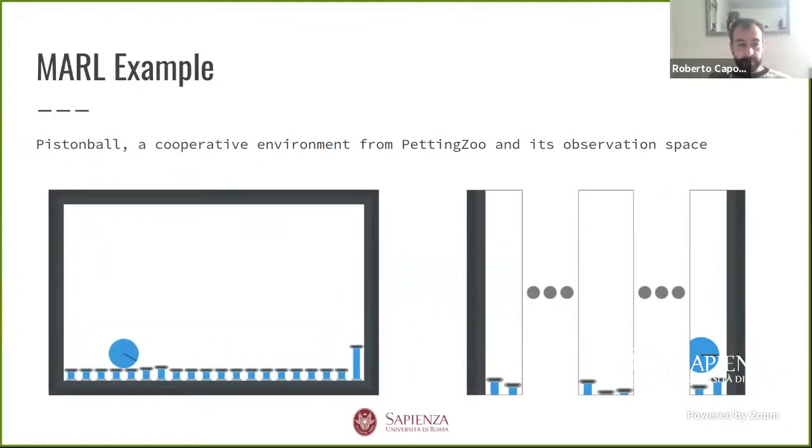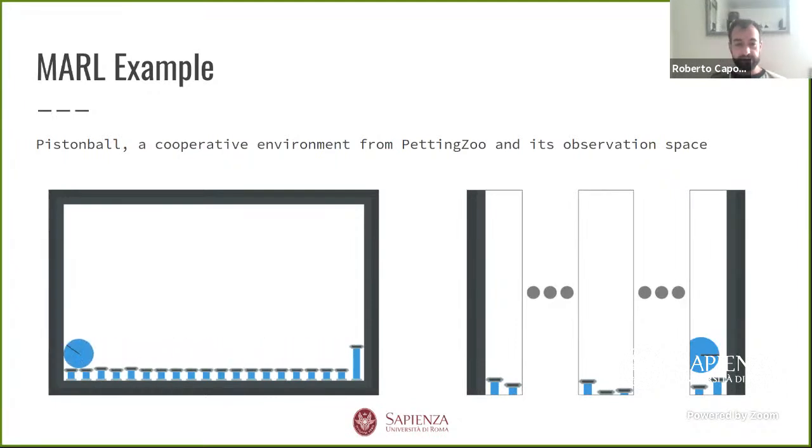So one example is the following. This is an environment from PettingZoo, and it's called Pistonball. And in this environment, basically each agent is a piston, and they are working in a collaborative task, meaning that they all want to push the ball from the right to the left.